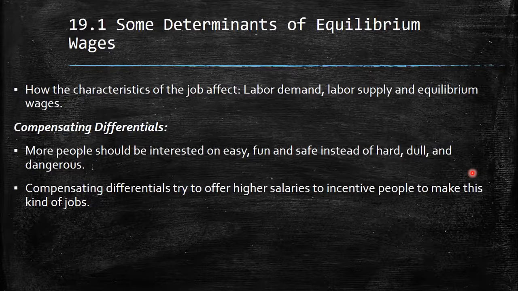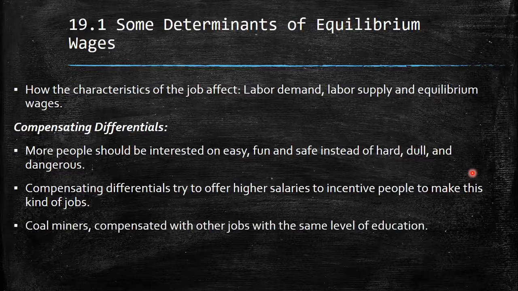You just need to have the guts, to be brave enough to do this work. This is not because of your level of education. So this is a representative example of compensating differentials, where people with the same characteristics receive more money than others, just because the work is really dangerous.